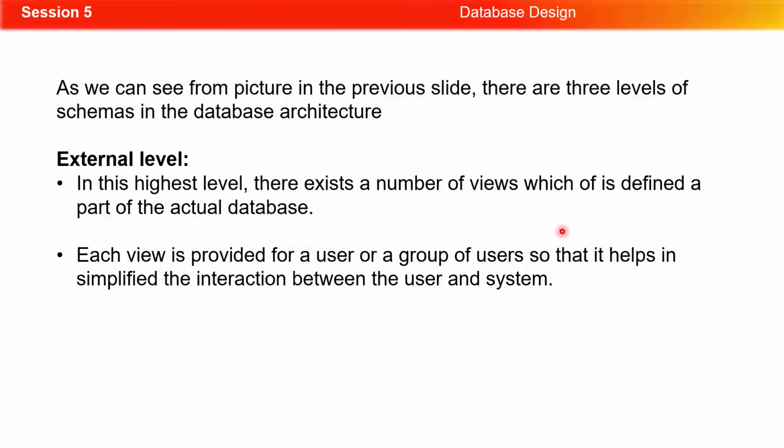There exist a number of views which, if we define them, bring back data that is part of the data managed in the database. And each view is provided for a user or a group of users, so that helps in the simplified interaction between the user and the system.